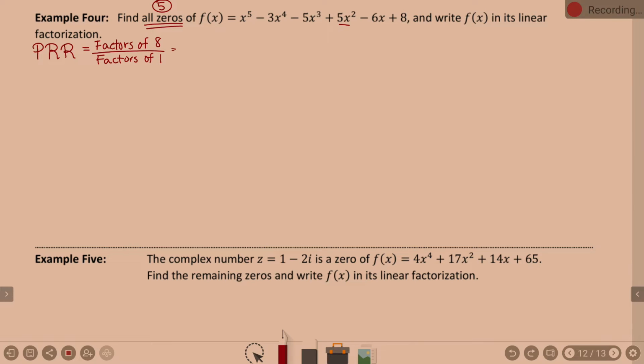What are factors of 8? 1, 2, 4, 8. So plus or minus 1, plus or minus 2, plus or minus 4, plus or minus 8, all over factors of 1, which are plus or minus 1. You can write those out if you want, but they all go over 1, so you can pretty much tell what our options are. What have we normally been doing after we get our PRRs? We look and see what the graph suggests.